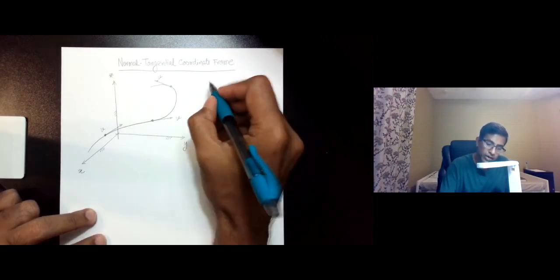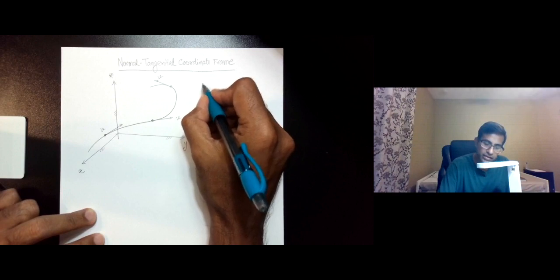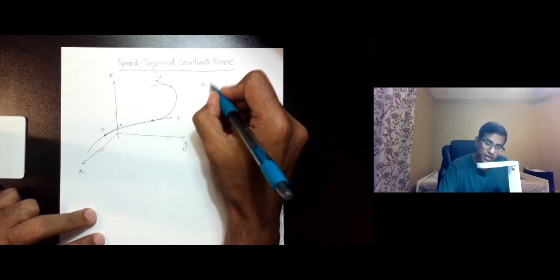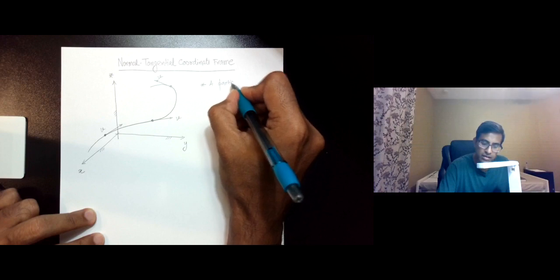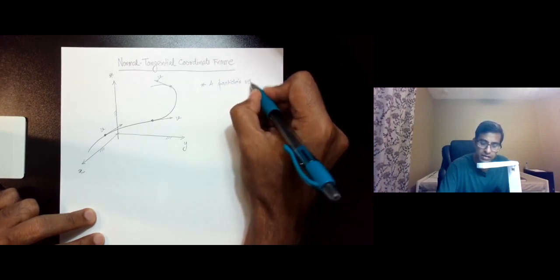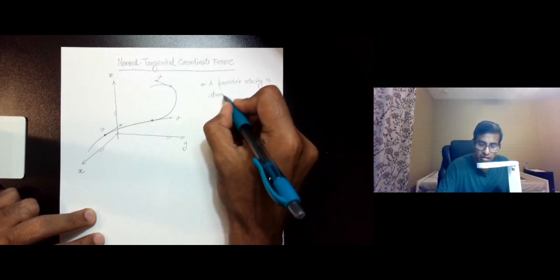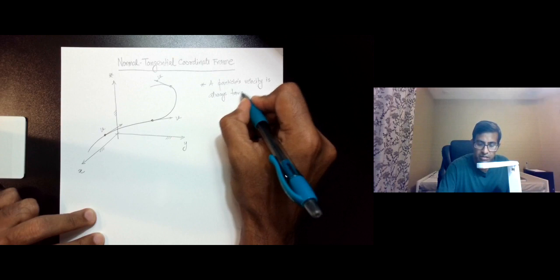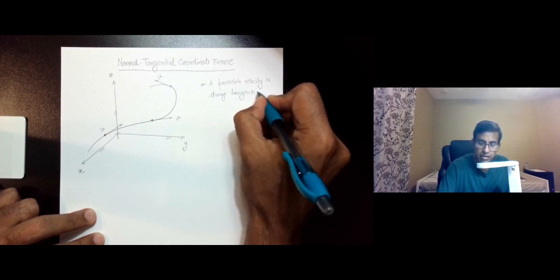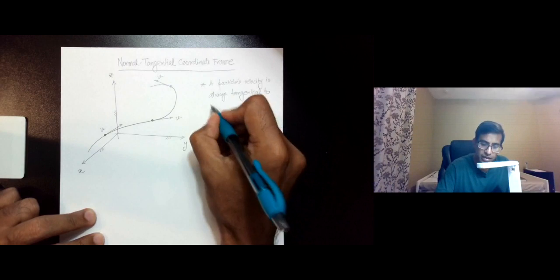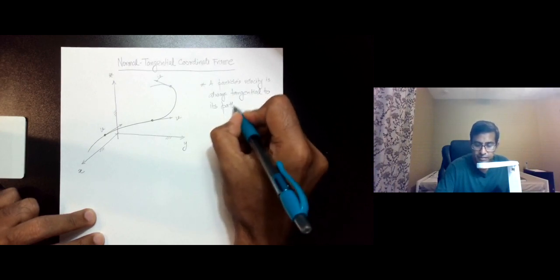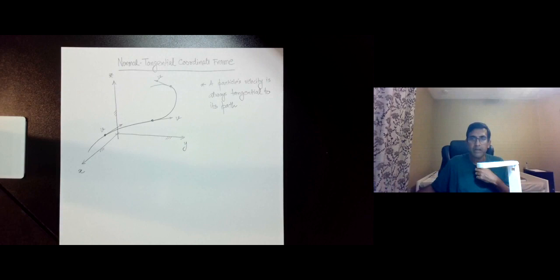Now one thing that we note here is that a particle's velocity is always tangential to its path, and this is a pretty fundamental, basic observation.